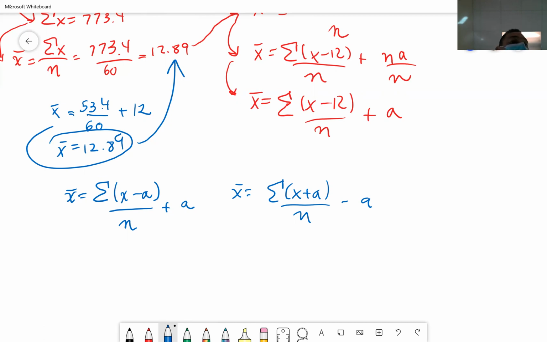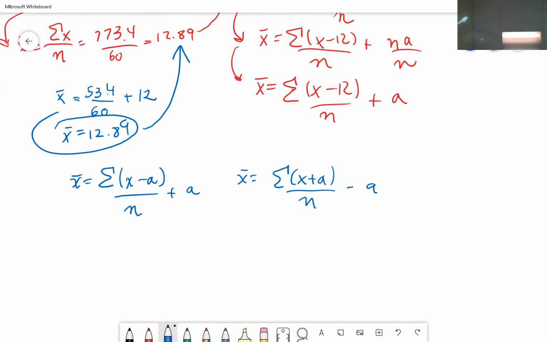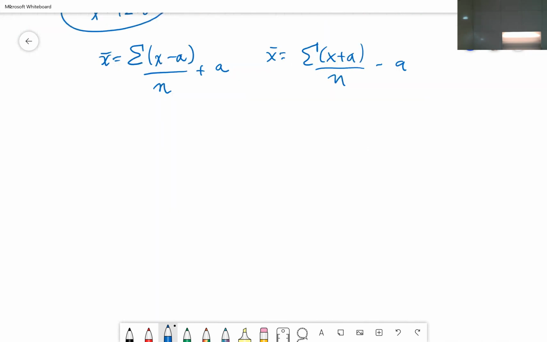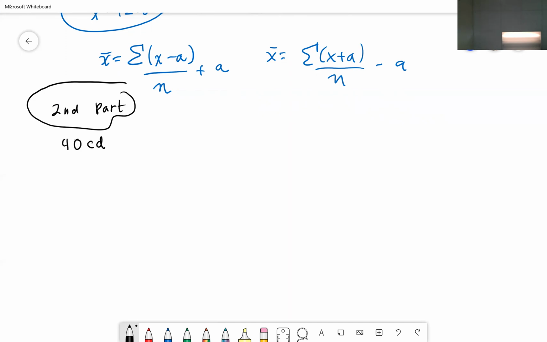Okay, let's do the second part of the question. The second part of the question says, the mean price of a further 40 CDs is found to be 11.64. So I'll put here second part: 40 additional CDs, mean price is 11.64.